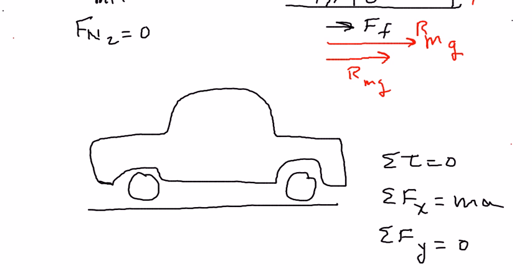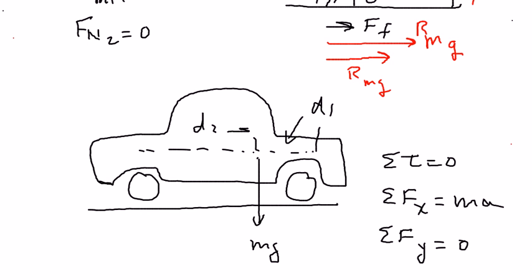I'll have to give you a center of mass, mg, and then the two distances, this distance here, d1, this distance here, d2, and then a height, how high the center of mass is above the ground. So if you look at all those problems, you should be in pretty good shape.